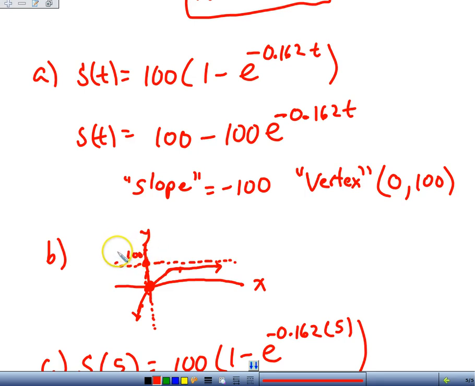The regular exponential, we're going to flip it below, but then we're going to flip it over sideways. So this is what the correct graph should look like. Okay, so the slope is negative 100. We drop down 100, put a dot, and that's our curve. Okay, so then that's the sketch.